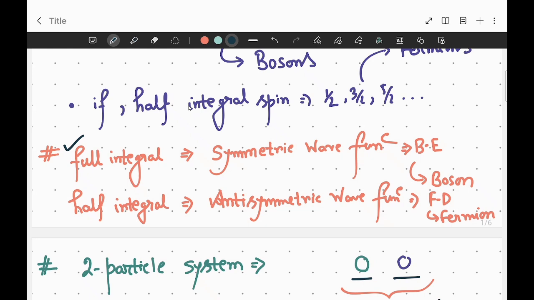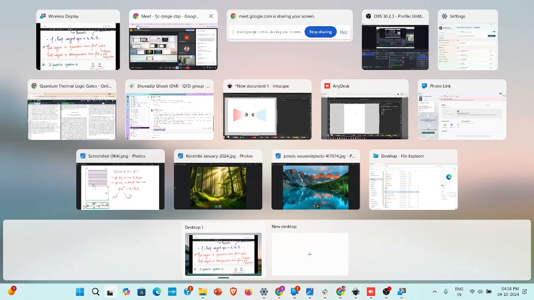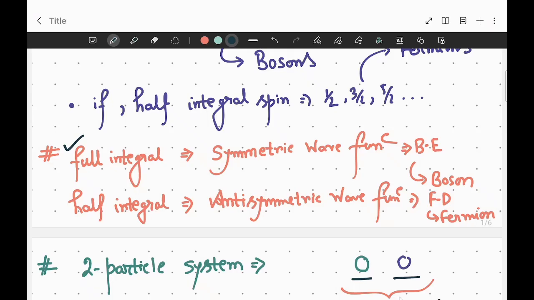So that's why in the case of the Maxwell-Boltzmann particle, that's a classical particle. And in classical particles, there is no analog of spin. So if you consider this is a classical particle, and you think this is a spin, this is not.